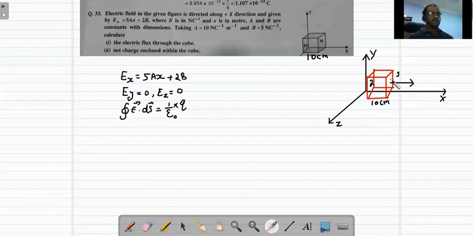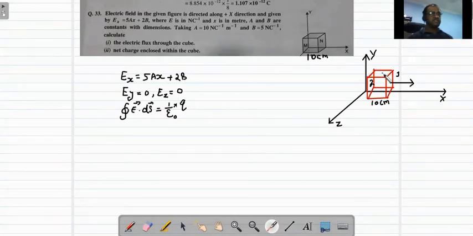If I find E dot ds according to Gauss's theorem, the equation is integral over the closed surface E dot ds equal to 1 by epsilon naught into q. So we have to apply this integral of E dot ds over this entire cubical shape. Means we have to find this E dot ds integral over the closed surface. We can split it into 6 integrals of plane surfaces, correct?